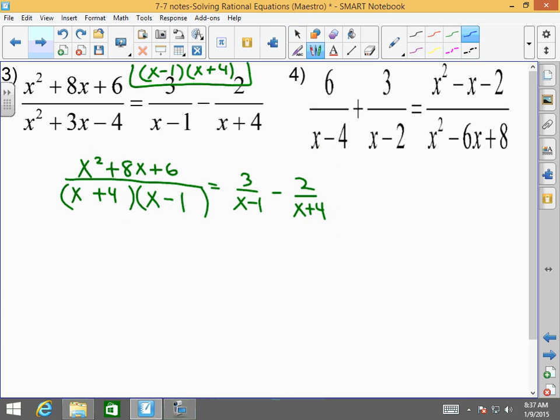You are going to literally multiply each term here by x plus 4 times x minus 1. You're distributing that LCD to every single term of the equation.